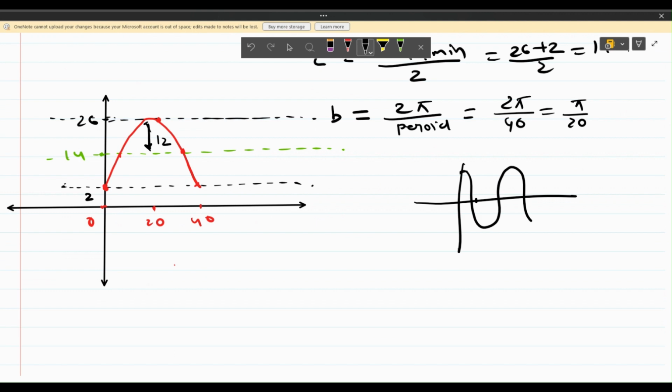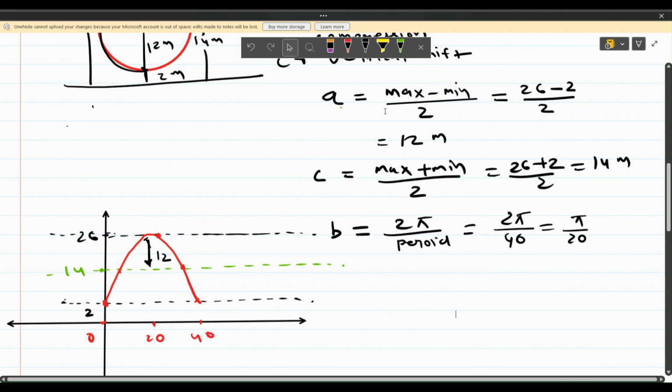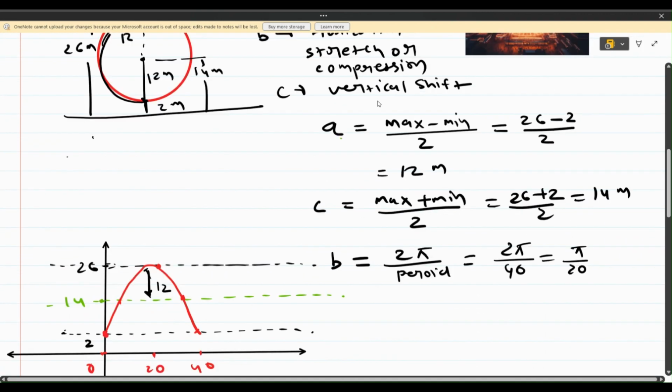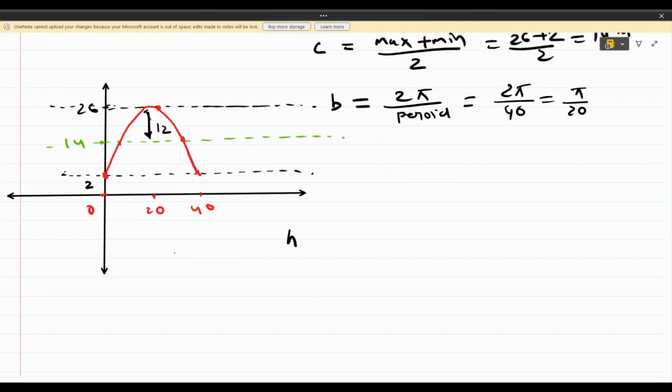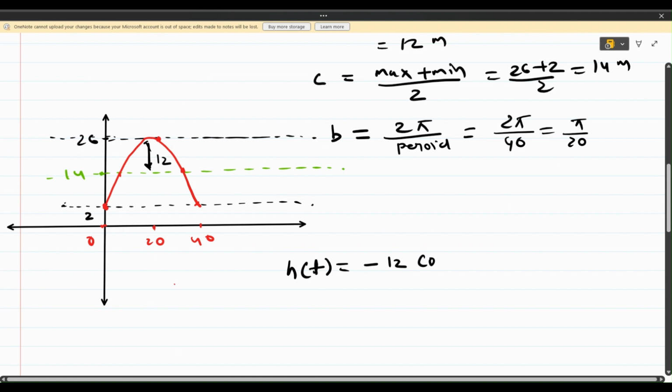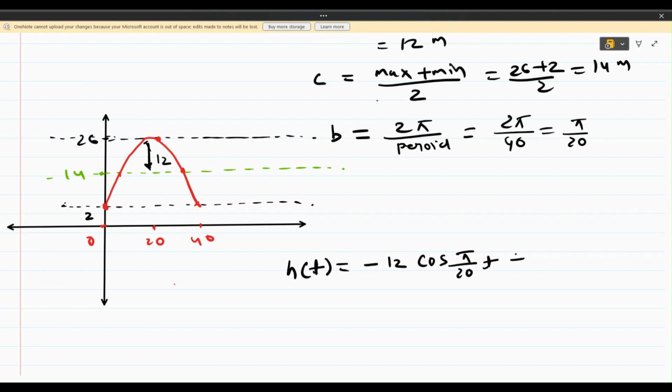But because this one starts from the minimum point, it is a negative cosine function. So our function h(t) will be minus 12, because a is 12, cos of pi over 20 t, plus 14, the vertical shift. Okay, so this is the function.